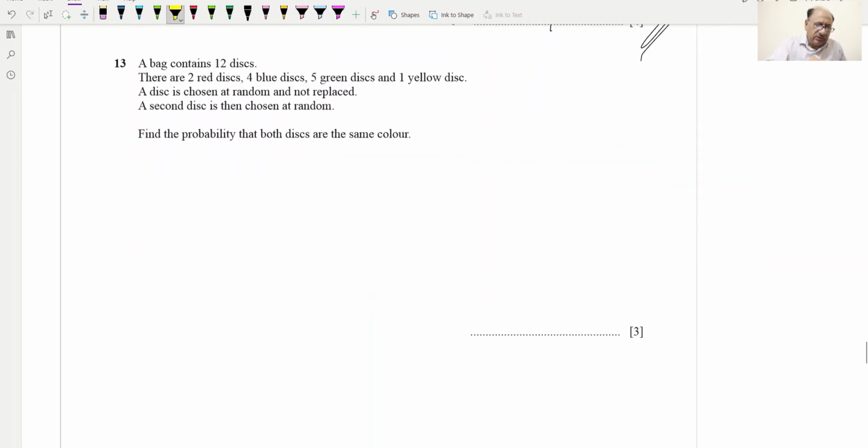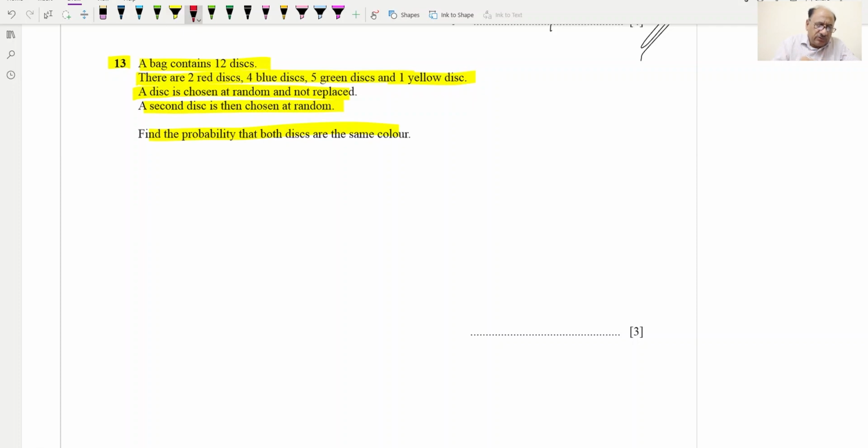Now question number 13. Question 13 says a bag contains 12 dice. There are 2 red dice, 4 blue, 5 green, and 1 yellow dice. A dice is chosen at random and not replaced. A second dice is then chosen at random. Find the probability that both dice are the same color.